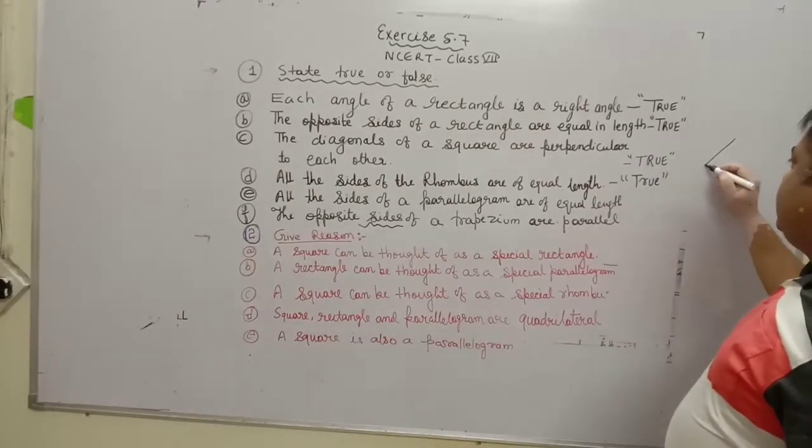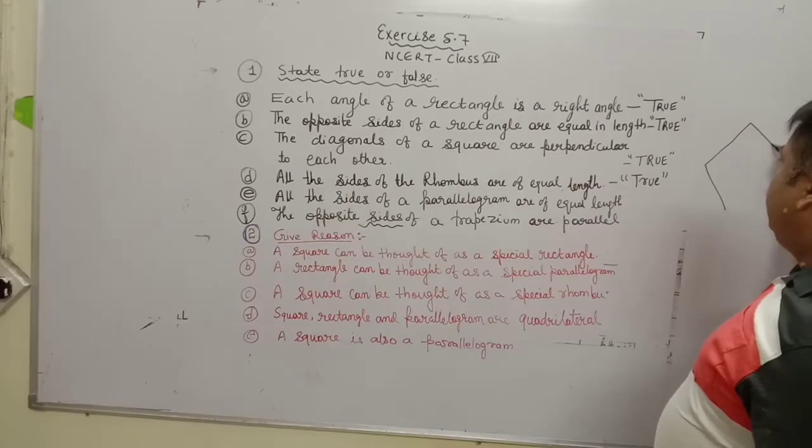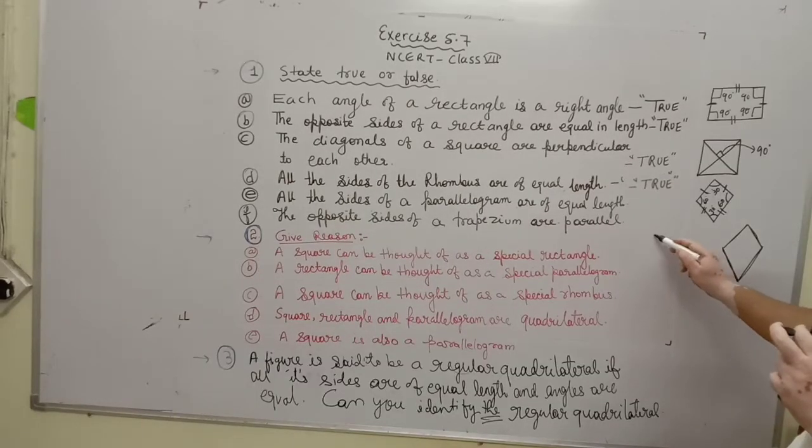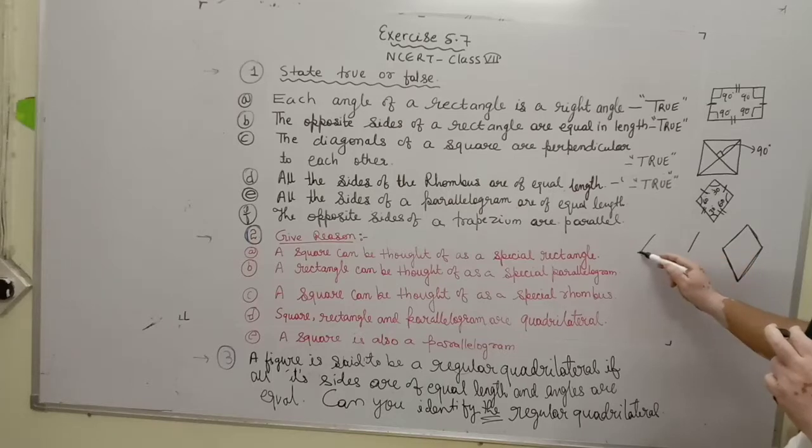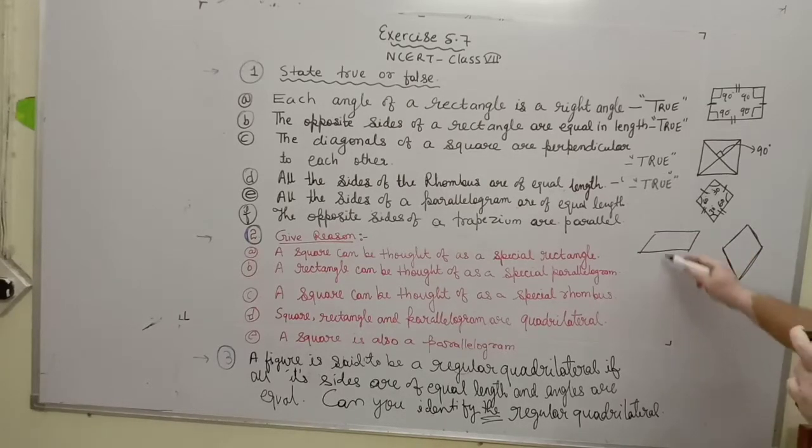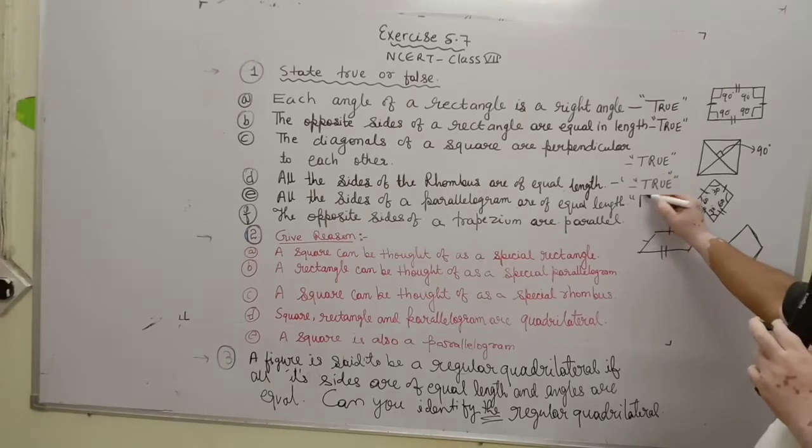In case of a rhombus, the opposite angles are the same, and all the sides are also the same. In case of a parallelogram, only the opposite sides are equal. Only the opposite sides of a parallelogram are of equal length, not all the sides. So this is false.